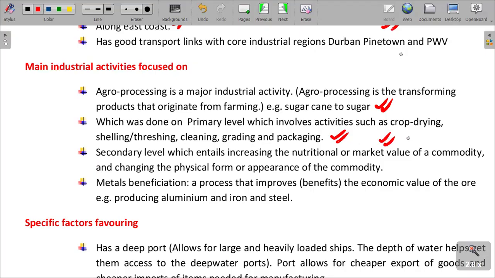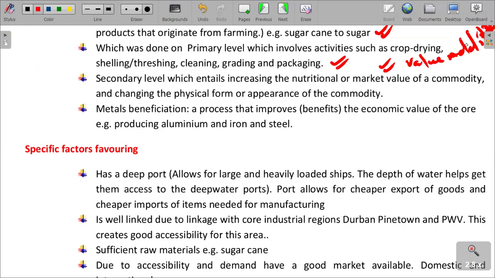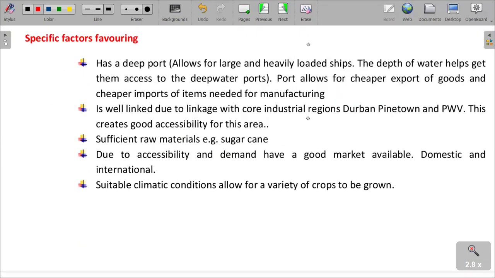We talk about value addition of commodities and changing the physical form or appearance of the product, which also adds income to the suppliers and producers. Metal beneficiation is a process that improves the economic value of the ore, producing aluminium and iron ore steel as good examples in that respect.